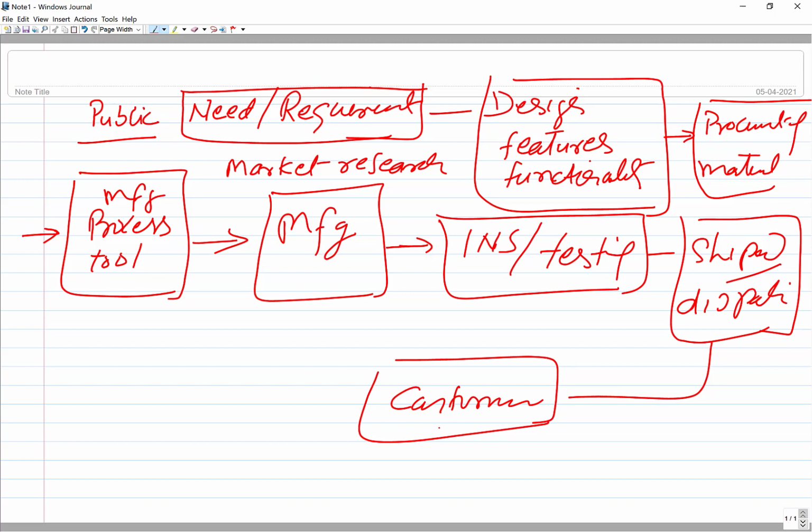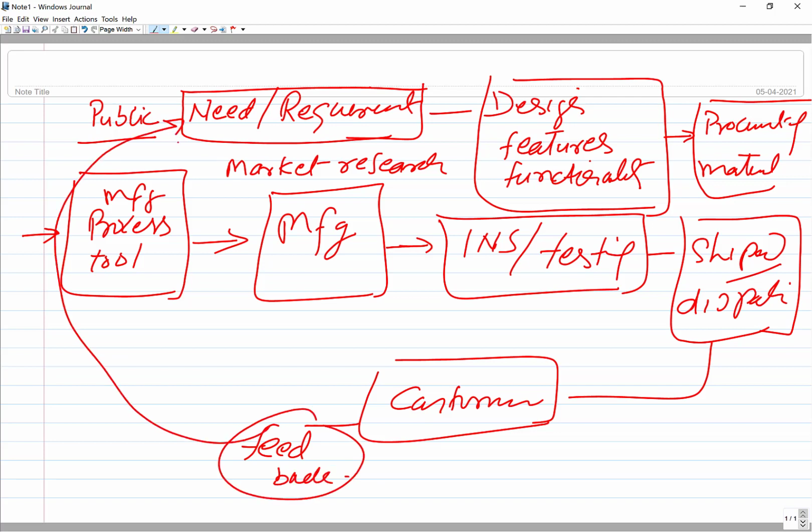Now these customers will give their feedback, and this feedback is used again by the market research team. So this is the kind of cycle. It starts with market research, design, procurement of material, manufacturing process and system arrangement, then manufacturing or production, inspection and testing, shipment and use by the customers, and customer feedback back to the market research.